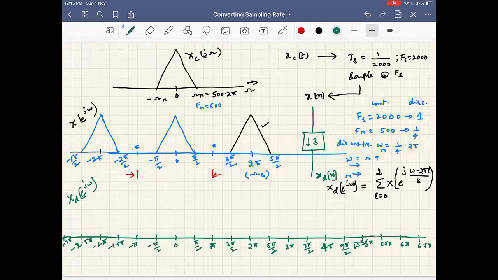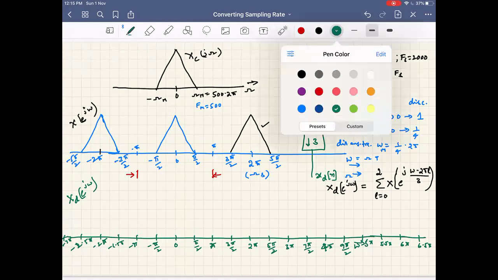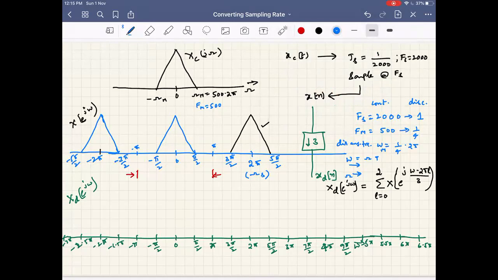Okay, so now let us sketch the first base spectrum. What will happen to this? As you can see in the expression, there are two things as we discussed before. One is stretching by 3, because as you see, the downsampling operation makes x of n to xd of n compress in the time domain, and hence in the frequency domain there is an expansion for small omega axis, right?